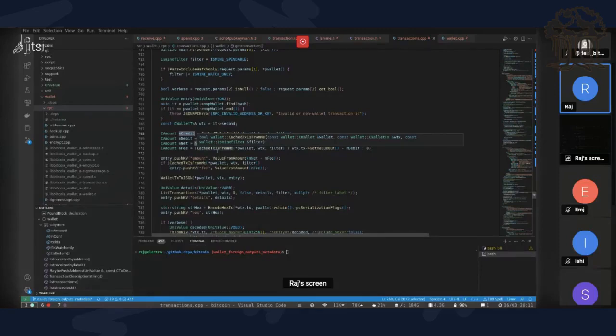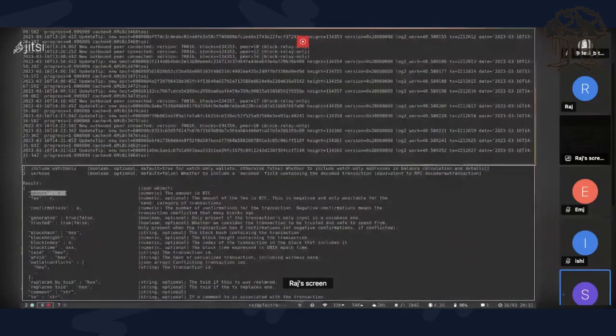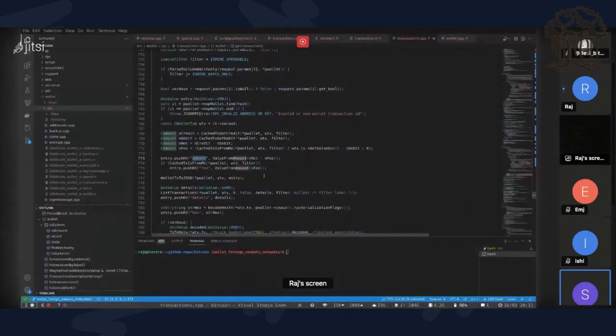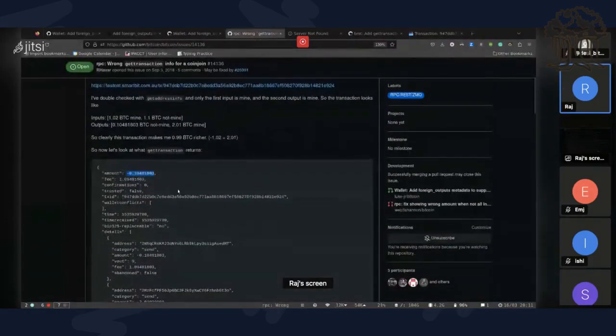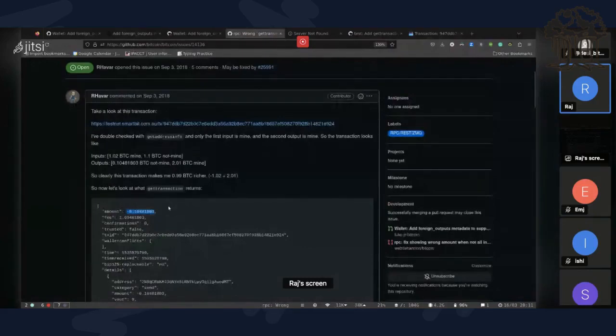Then it will put that value into nCredit, and nNet is the difference between nCredit and nDebit. And that's what is meant by amount in this field, right? It's a bit of a mess. So what is going wrong in this example where the amount is wrong is that the wallet is getting confused about what is credit and what is debit.